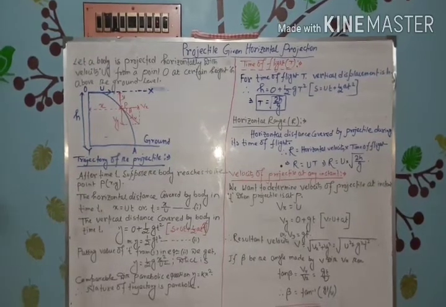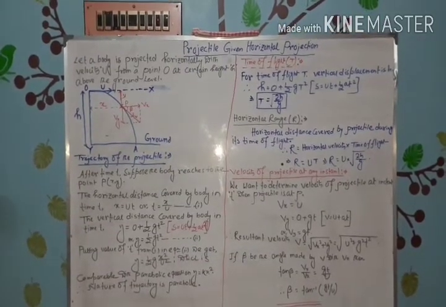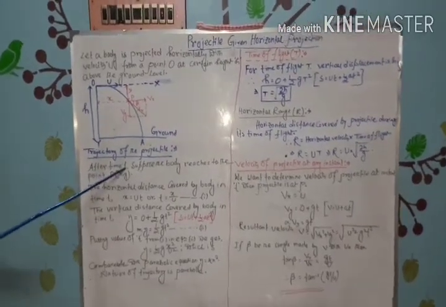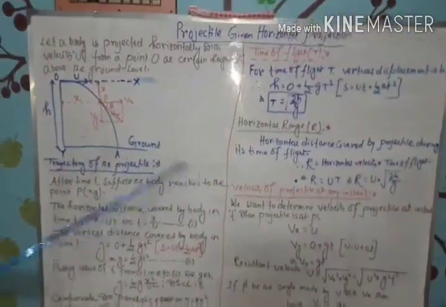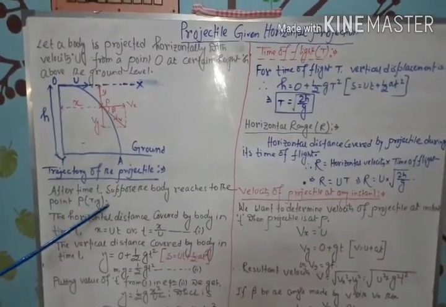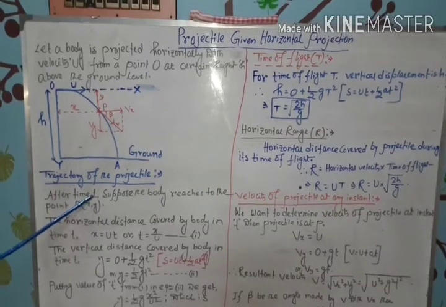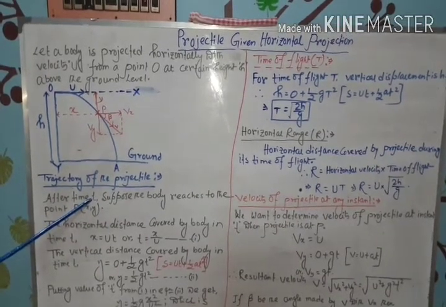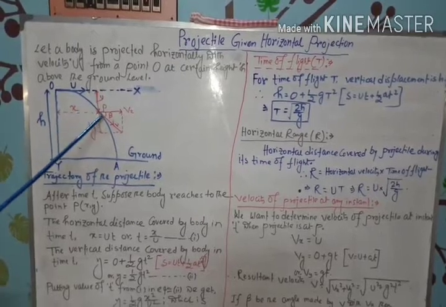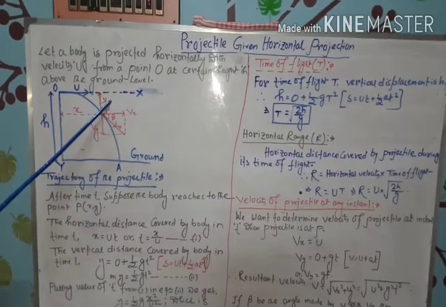To determine the equation of trajectory, we consider that after time t, the projectile reaches the point P, having coordinates x, y. That means after time t, the horizontal distance covered by the projectile is x and the vertical distance covered is y.